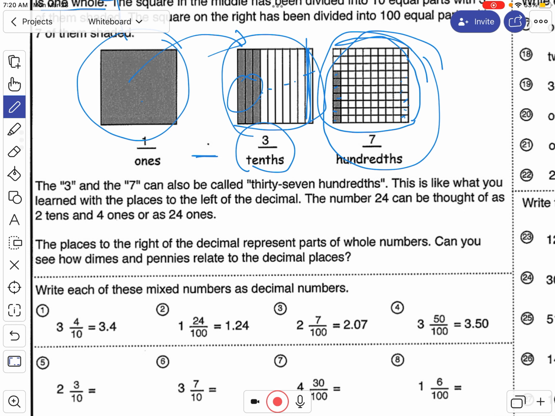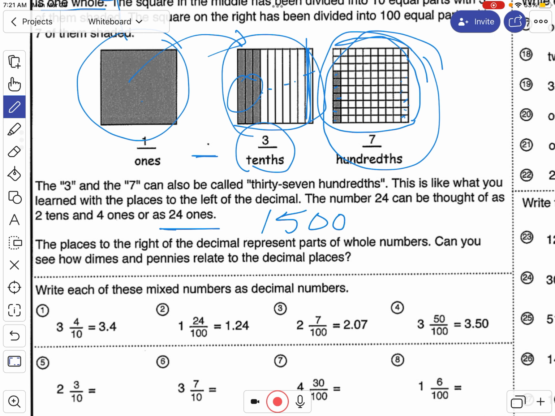This is like what you learned with the places to the left of the decimal. The number 24 can be thought of as 2 tens and 4 ones, or as 24 ones, right? If you have 24 single items, you have 24 ones, or 24. Another way of thinking of it, some of you might know this.